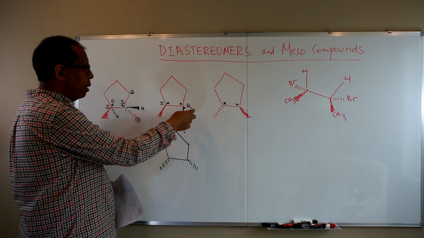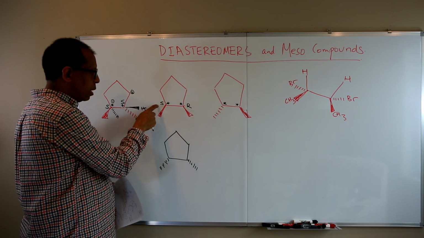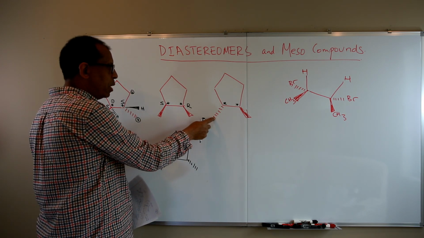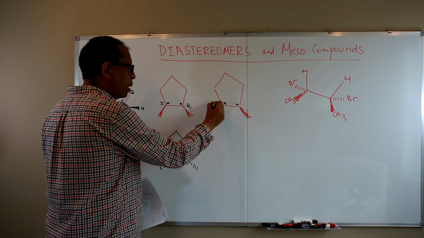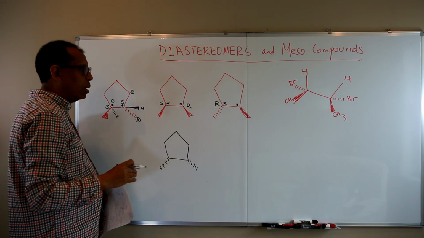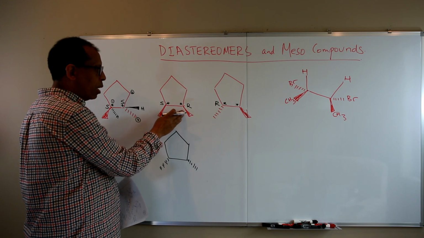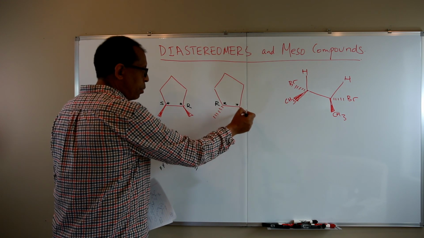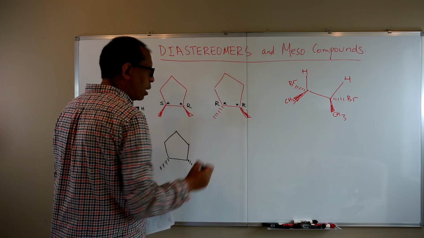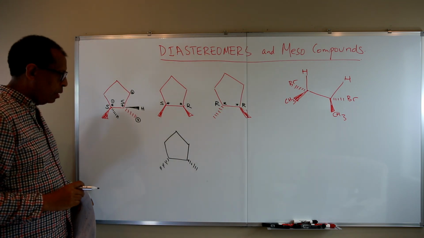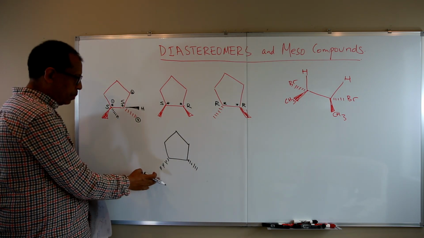So when the methyl group is up, it is an S, but the methyl group here in this molecule is down, so it is R. Here the methyl group is up, that means it is up here as well, it is an R. How about here?